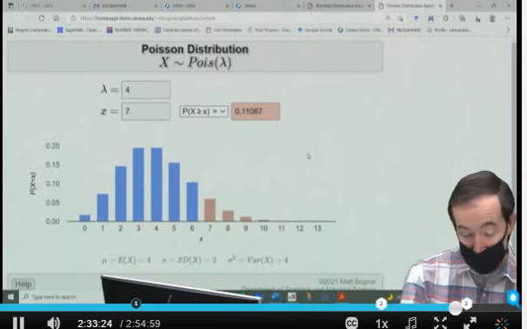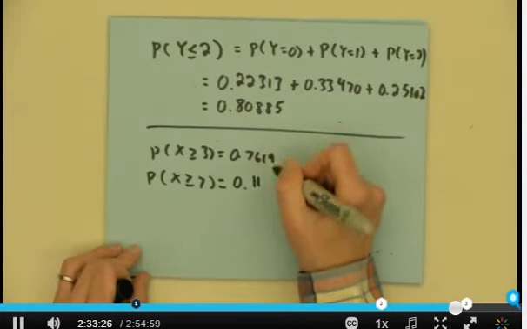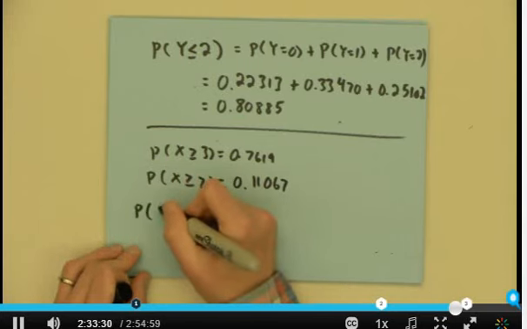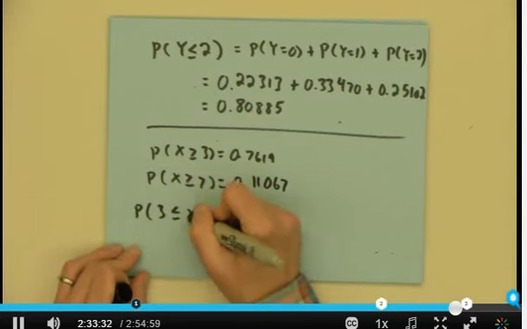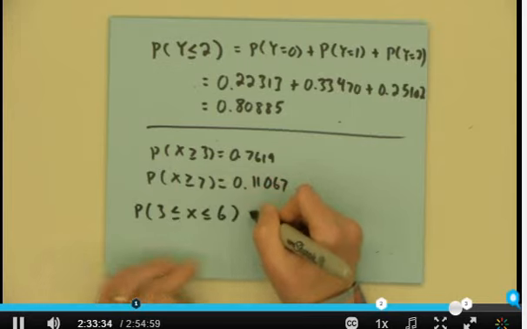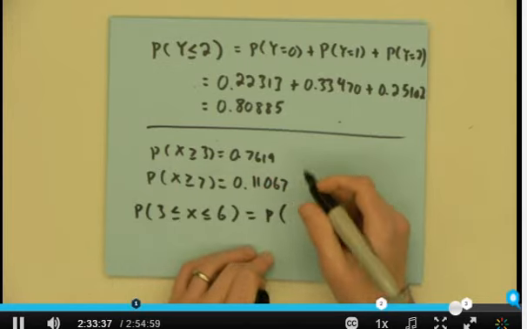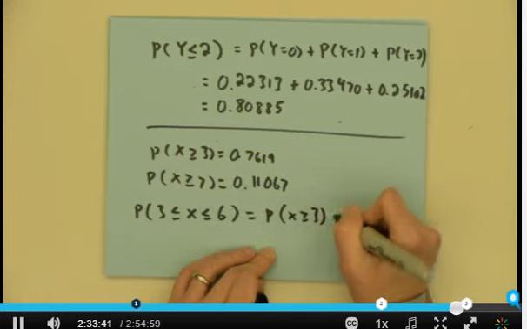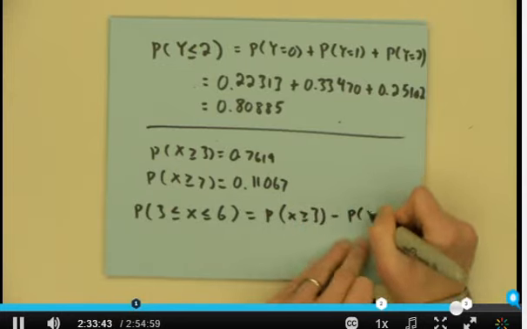So for 7, the probability I get is 0.11067, and then what I know is the probability that it is between 3 and 6 is the probability that it's greater than or equal to 3 minus the probability that it's greater than or equal to 7.